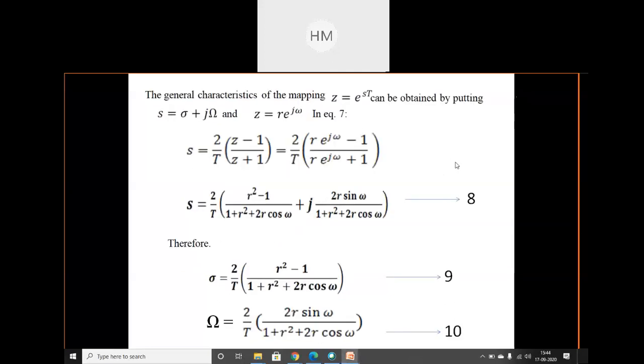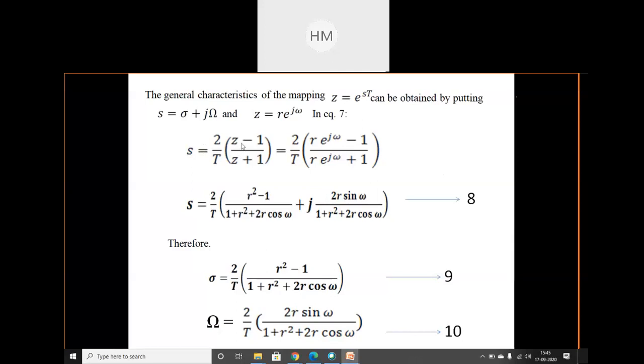This is my equation number 7. I can put s is equal to this, z is equal to r e to the power j omega. I can substitute it over here.